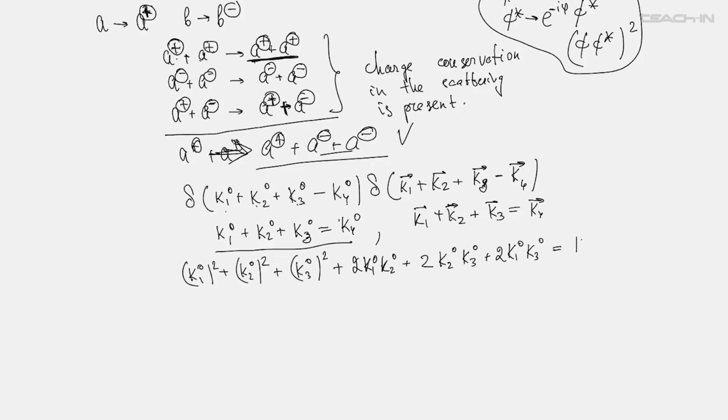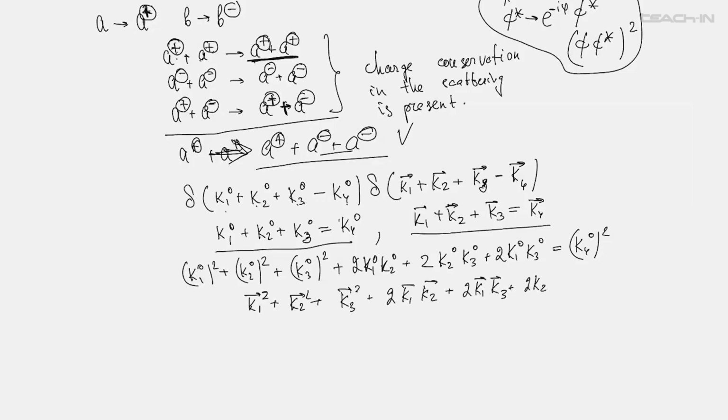Now, you also square the momenta equation here. So you get K1 squared plus K2 squared plus K3 squared plus, of course, 2K1K2 plus 2K1K3 plus 2K2K3, right? And you get K4 squared, like this.